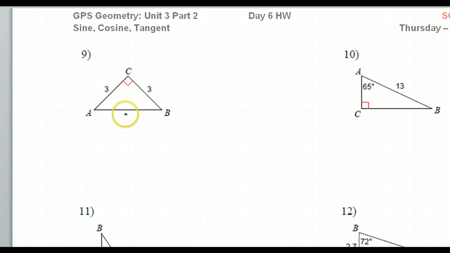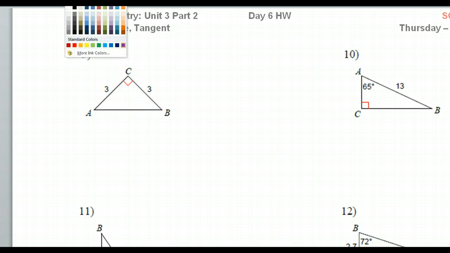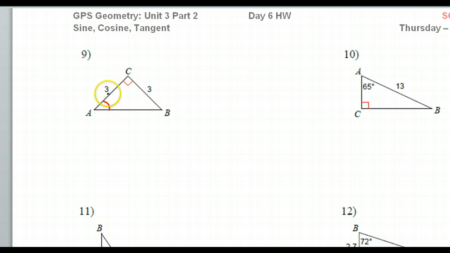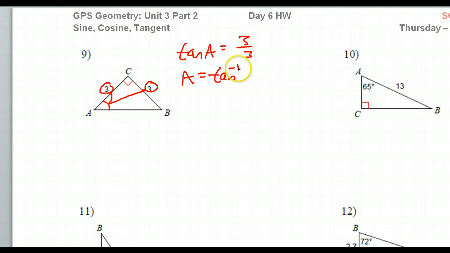We have 2 angles and a side to find. Let's start with angle A. So looking at the 3 and the 3, that's opposite and adjacent. So that is our tangent function. So we will do tangent A is equal to 3 over 3. That means A is equal to inverse tangent of 3 over 3.